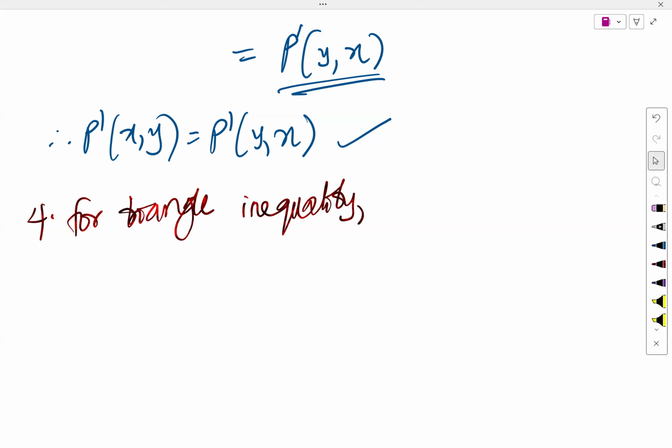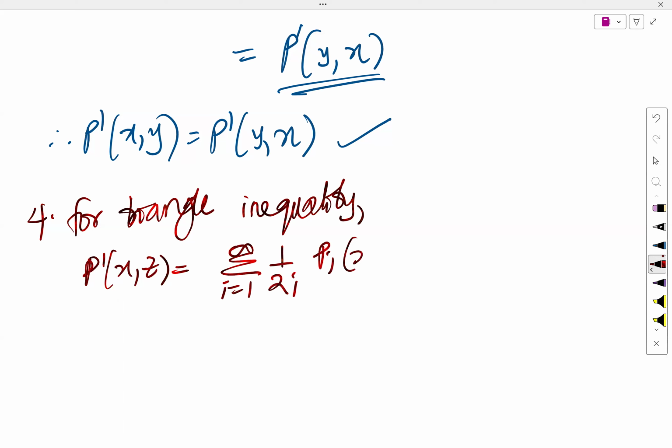Okay, let's start with p prime of x comma z already. P prime of x comma z, and that is summation from i equals 1 to infinity 1 over 2i pi of x comma zi all over 1 plus pi of x comma zi, like that.